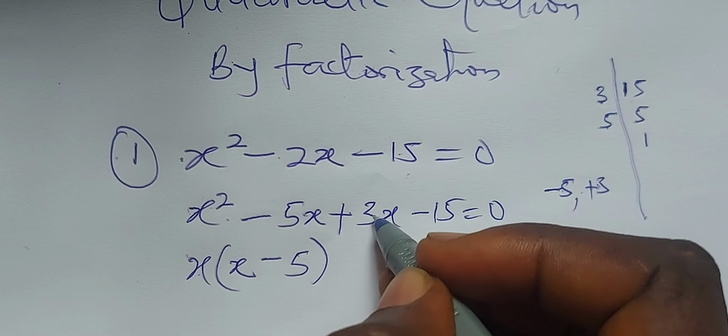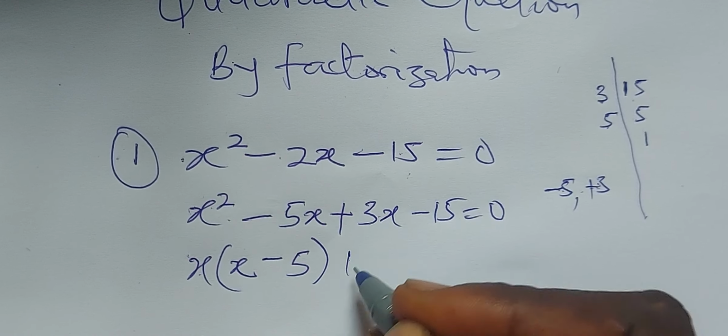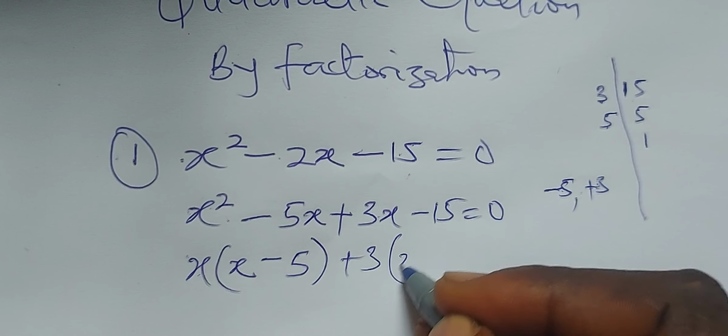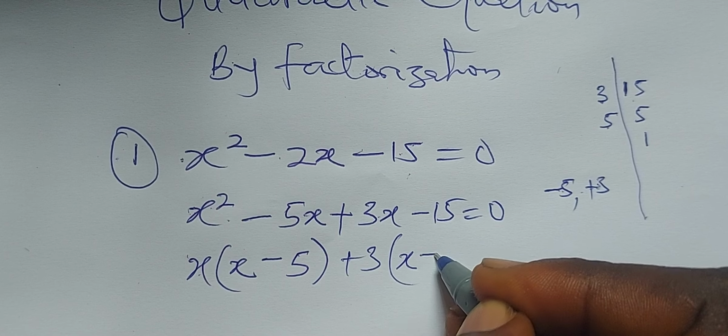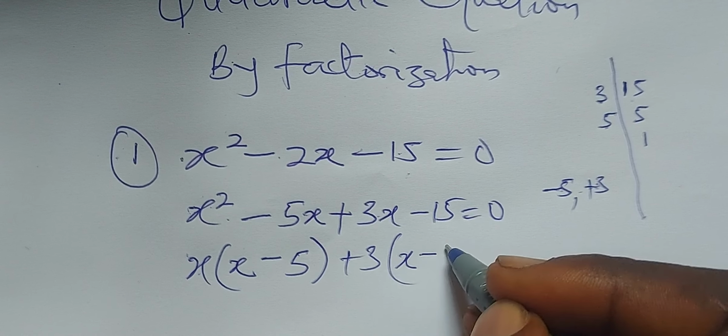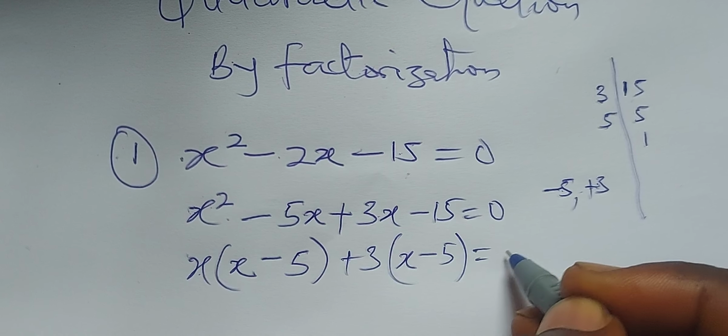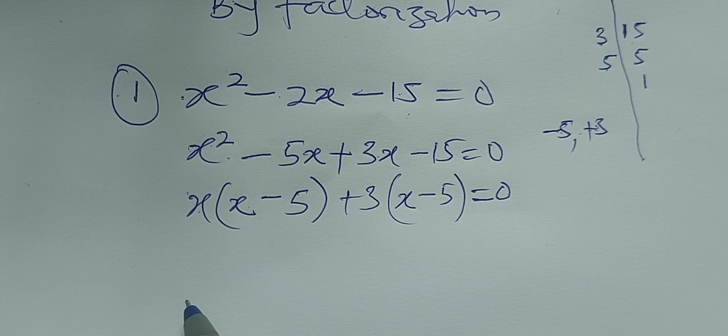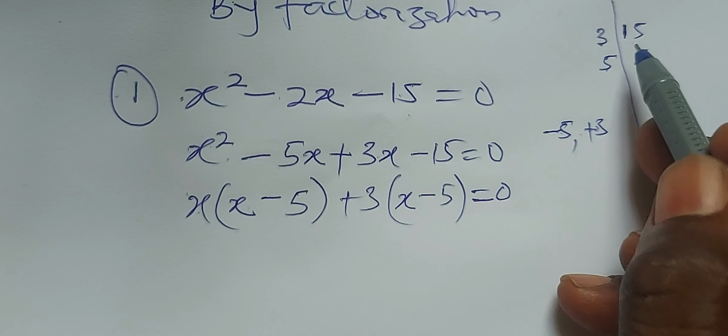What is common in 3x and minus 15 is plus 3. And you have 3x divided by 3, we are left with x; minus 15 divided by 3, we have minus 5. So in solving quadratic equation, the two brackets must be the same, and if they are not the same, you have to look at your factors again.